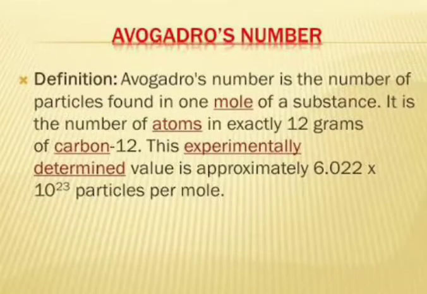So Avogadro's number is the number of atoms present in 12 grams or 1 mole of carbon 12. This number can be used for all substances, that means in atoms as well as in molecules. So for example, if we say 1 mole of oxygen atoms, how many particles will it contain?